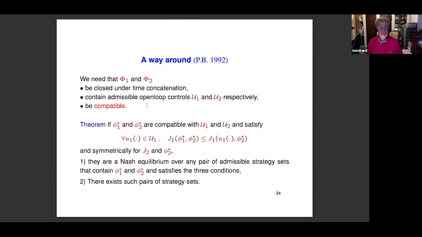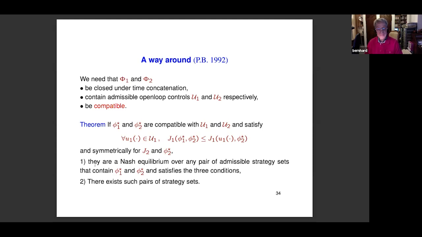I state the following theorem. If you can exhibit phi star 1, phi star 2, which are compatible with U1 and U2, I mean that each of them opposed to an open loop control gives a solution to the differential equation, and you can prove this, where you see I use only open loop controls as my comparison controls to talk about optimality, and symmetrically for phi 2, of course.